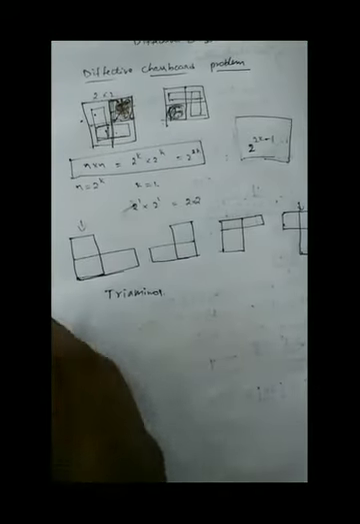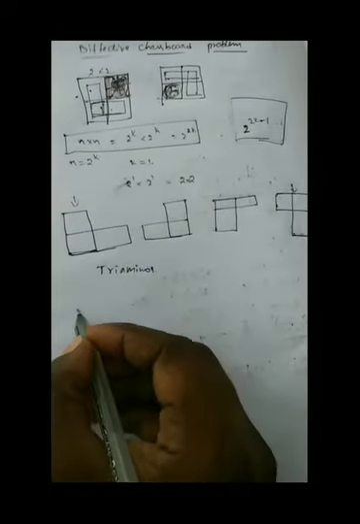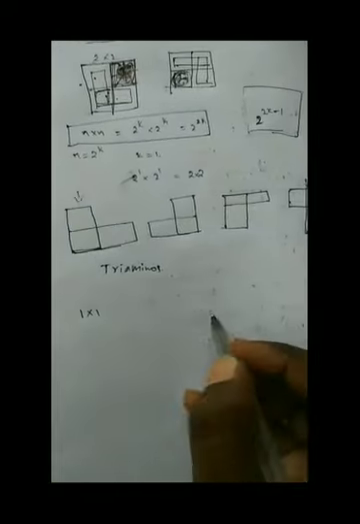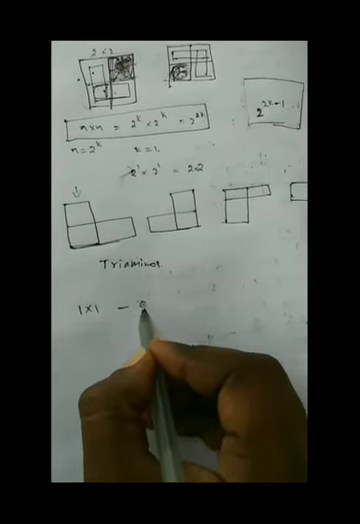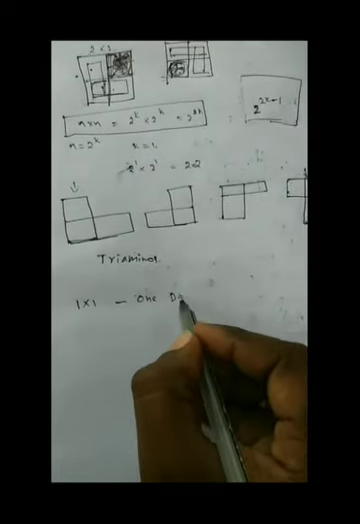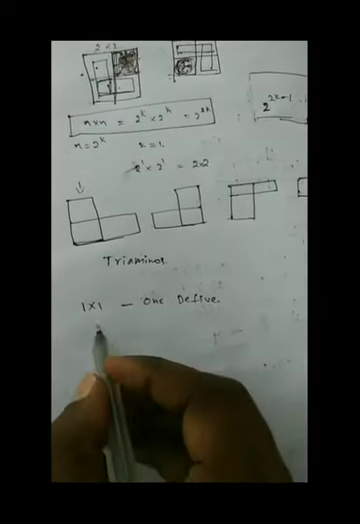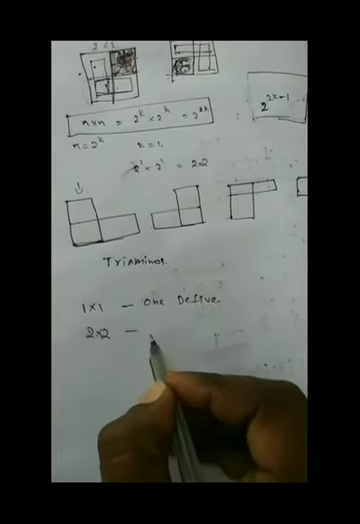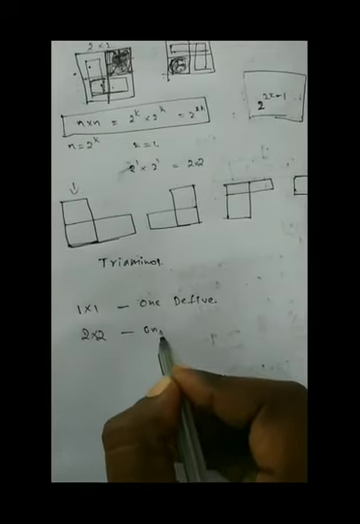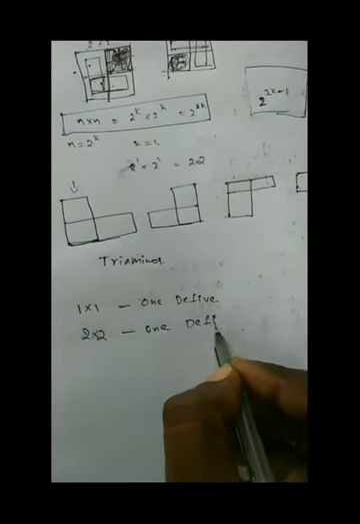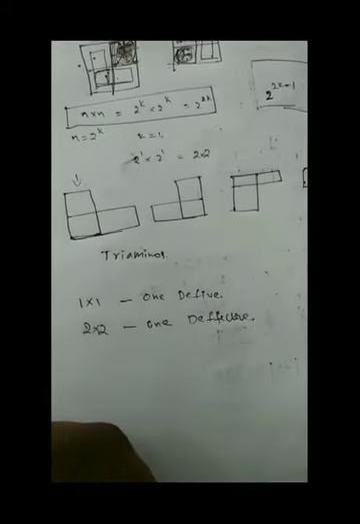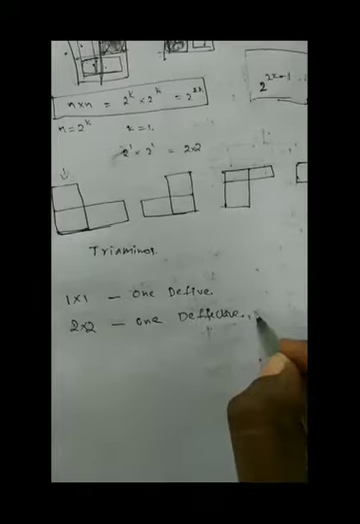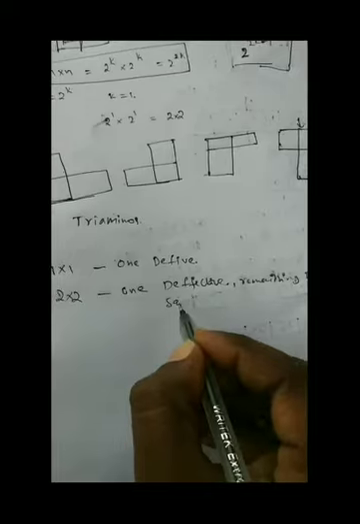So likewise, if a 2 by 2 chessboard has one defective square, the remaining are all undefective squares.